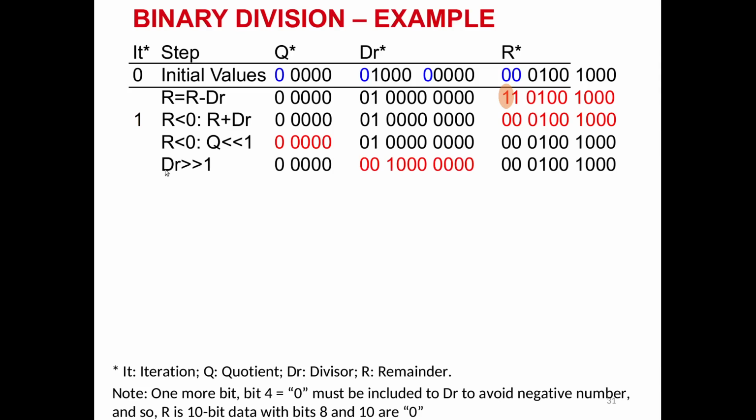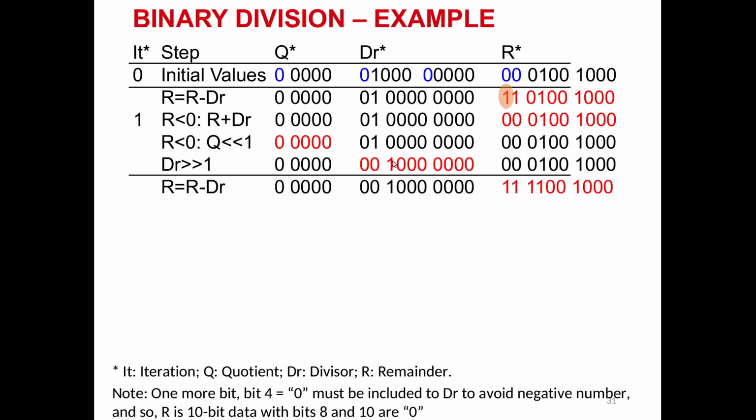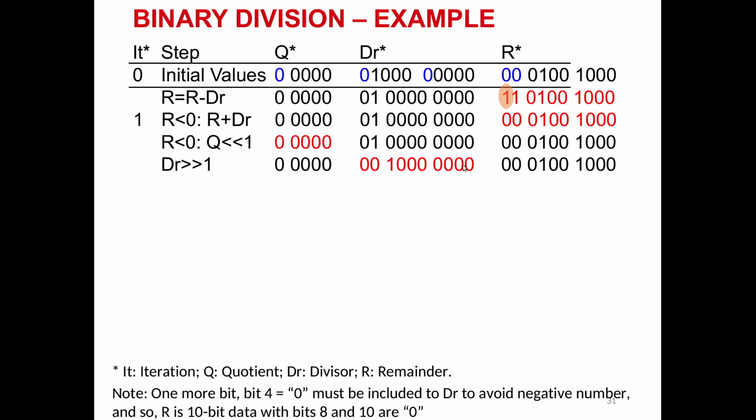And then dr must be shifted one bit to the right, so you can have now instead of 0 1 for these 2 bits, it will be 0 0, and this bit 1 here shifts one bit to the right, and so it is located here. Other bits will be all 0, and the value of r doesn't change at all.